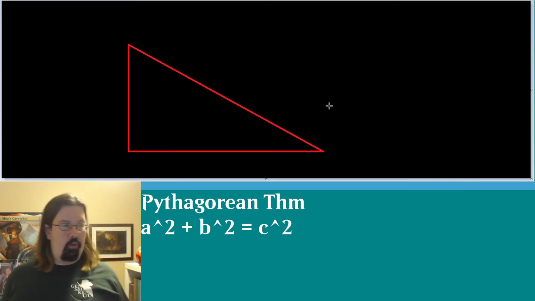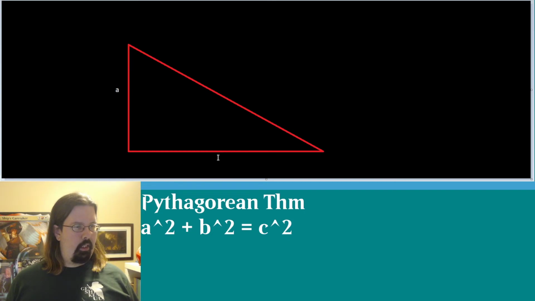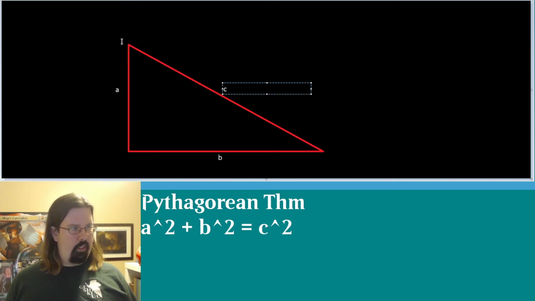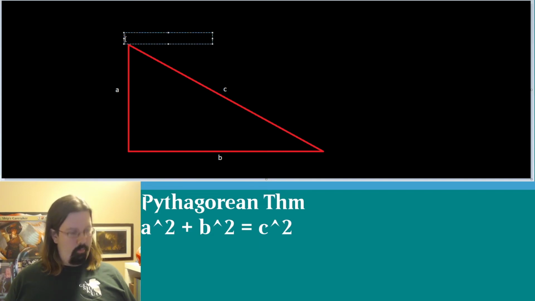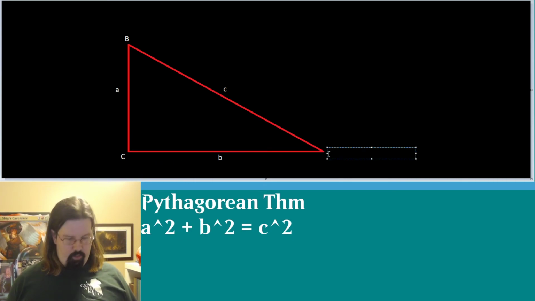So a 90-degree angle right triangle. You have side A, you have side B, and you have C. And you have angle B up there, C down here, and A over here.